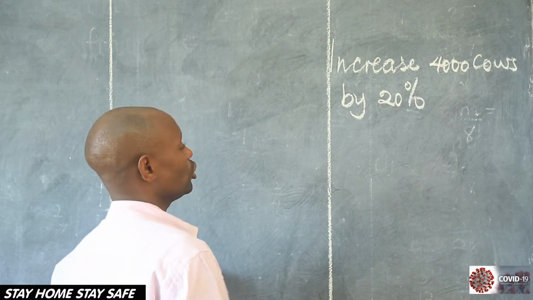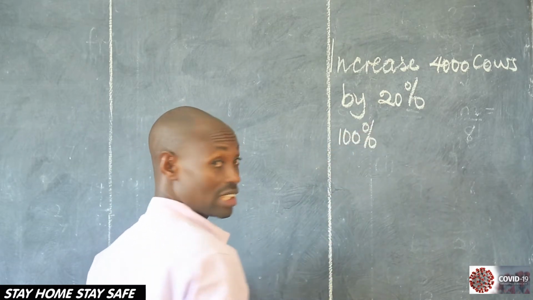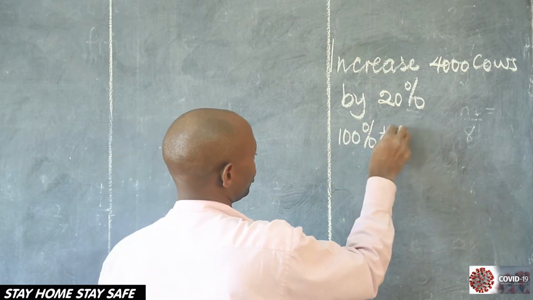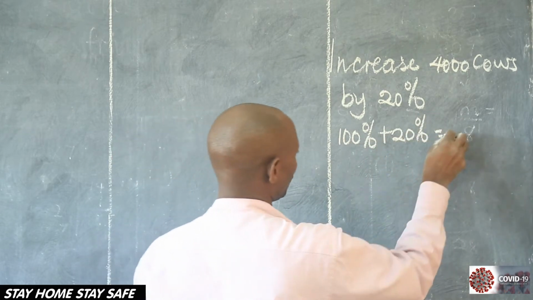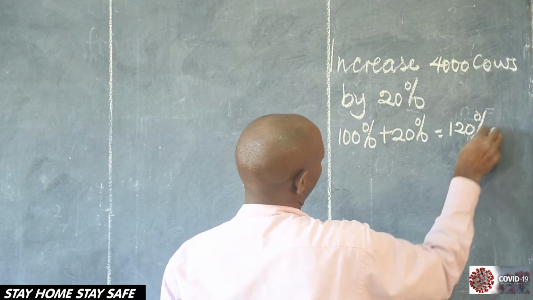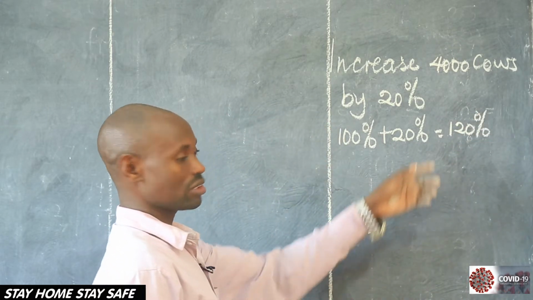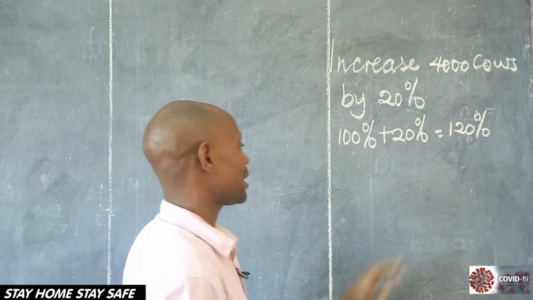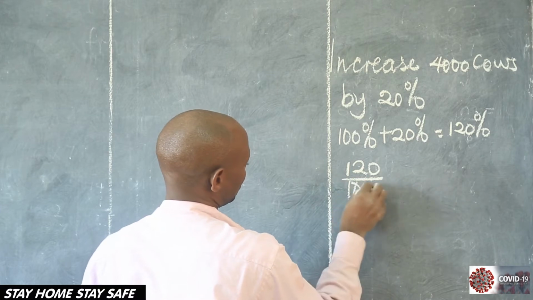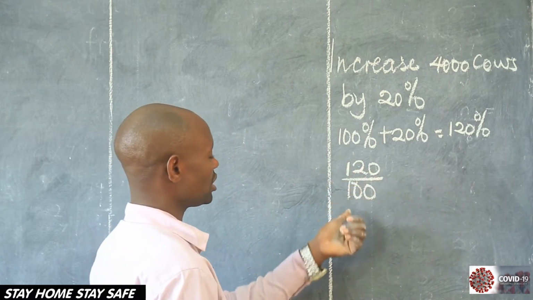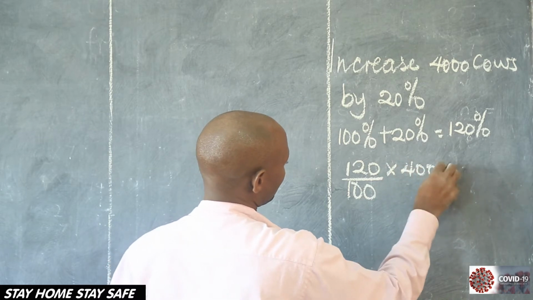Method one, you can first get 100%, which is the original percentage. Then you add on the percentage given, and when you add this, you will get 120%. So it means the percentage which I'm going to use is 120%. Then you get 120 out of 100 times the number given, which is 4,000.